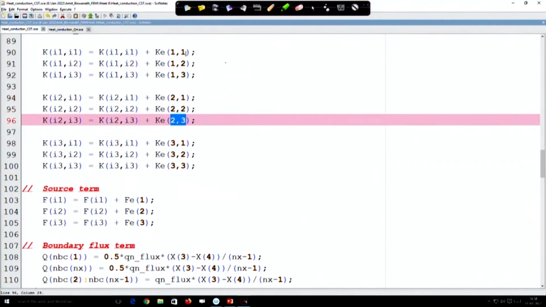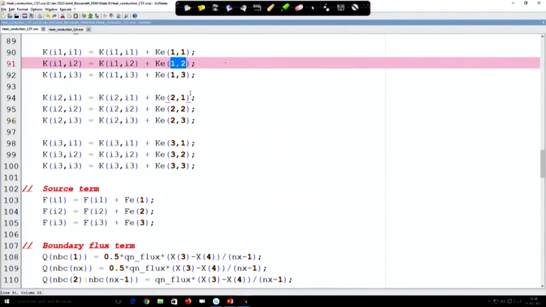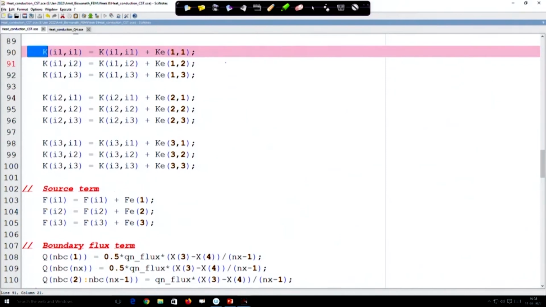So KE11 corresponds to element level node number 1 and element level node number 1. KE12 corresponds to element level node number 1 and element level node number 2, the interaction of these two nodes, where I1, I2 are the corresponding global node numbers of that particular element. So assembling has to be done based on the global node numbering.